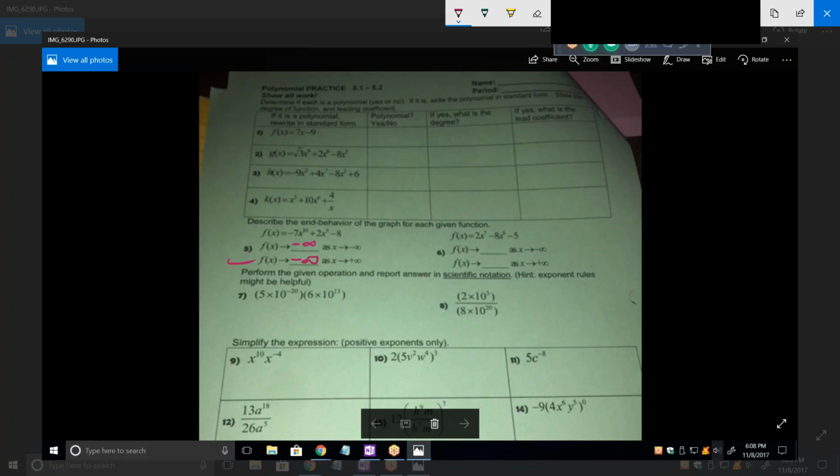What's the term I need to use here? Positive infinity. Well, hold on. There's only one term, and number 6, I'm sorry, I always think you can see where I'm pointing. On number 6, which term is the only important term to determine end behavior? 2x to the 7th. Okay. Now, let's figure out right-hand end behavior first.